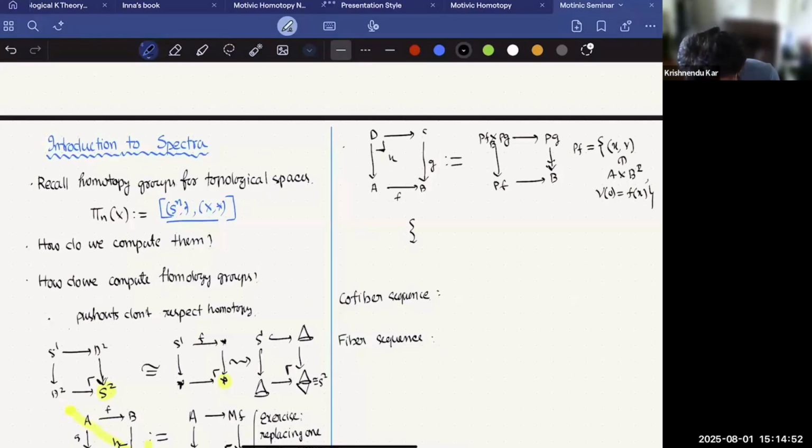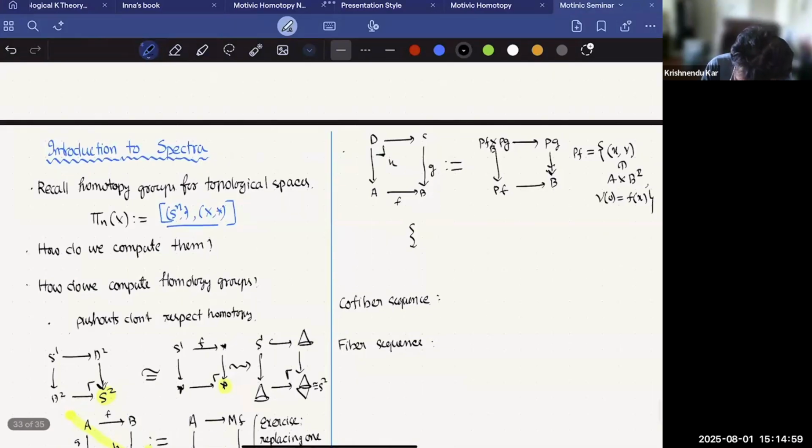And if I have a homotopy pullback square, then I get my long exact sequence of Mayer-Vietoris in terms of homotopy groups. Again, read it like this.